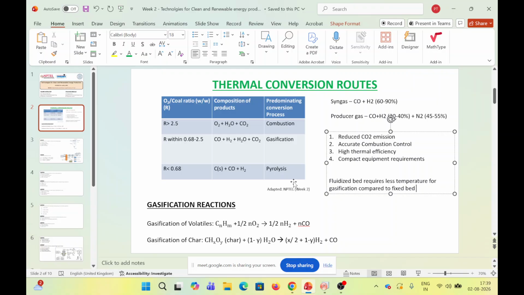Okay, so as I said, syngas is going to contain energy, and it's our responsibility, or you can say that's where our role comes, to extract the energy from syngas. When we say extract the energy, we need to lower its temperature.